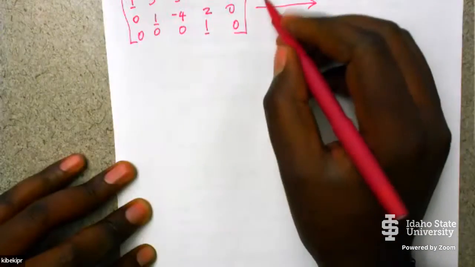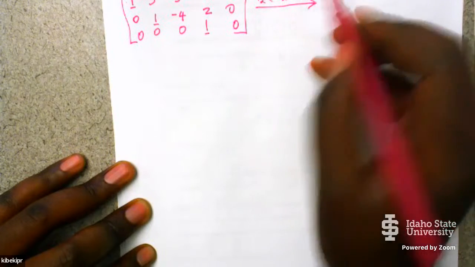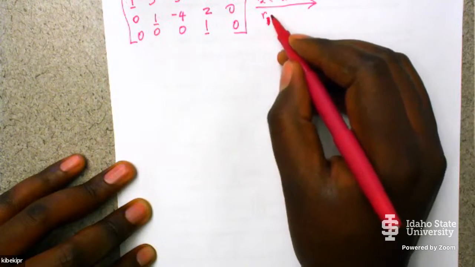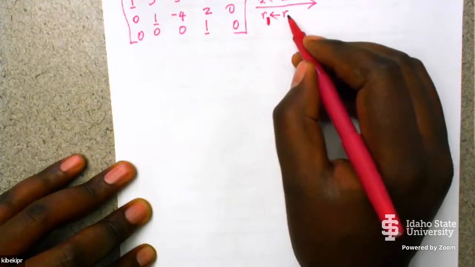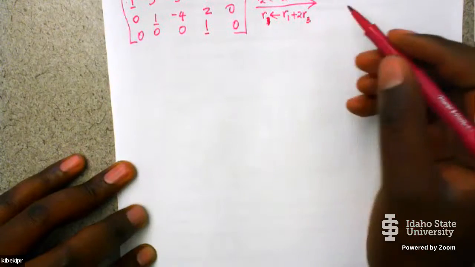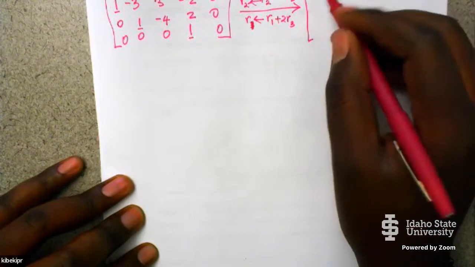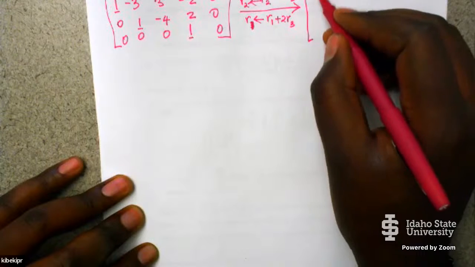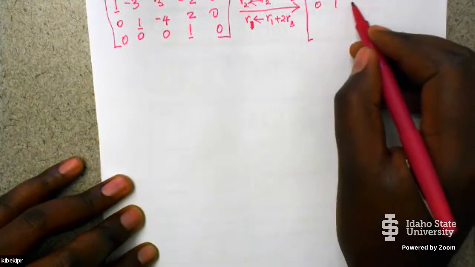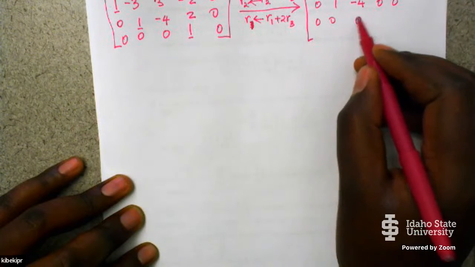So our new R2 will now be R2 minus 2 R3. And then to get our new R1, it is R1 plus 2 R3. So what we get there is 1, -3, 3, and then 0, 0, 0, 1, -4, then 0, 0, and then 0, 0, 0, 1, and 0.